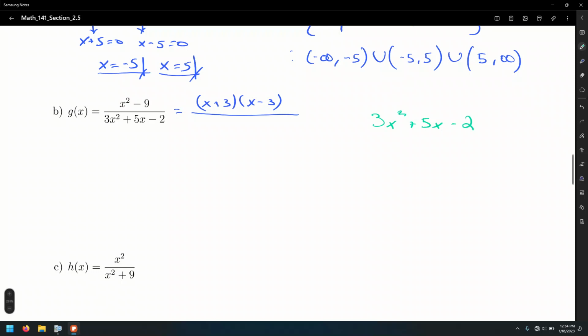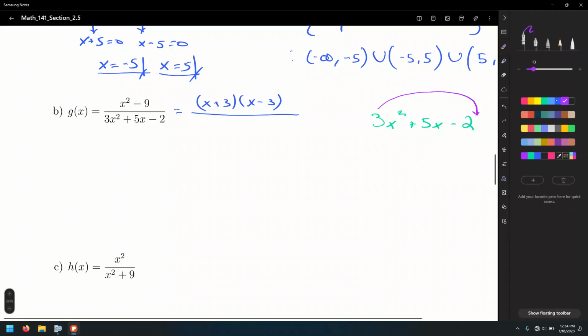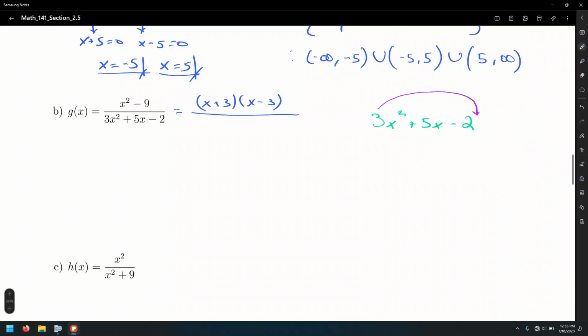The trick or shortcut I'm going to show you is, number one, multiply the leading coefficient by the independent term. What's 3 times negative 2? Negative 6. So when we multiply that 3 with a negative 6, the 3 in the leading term disappears for now.